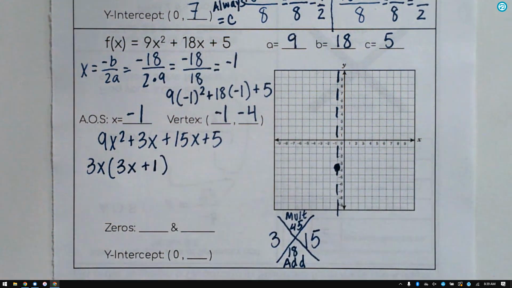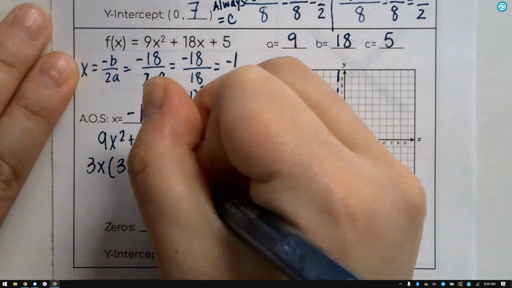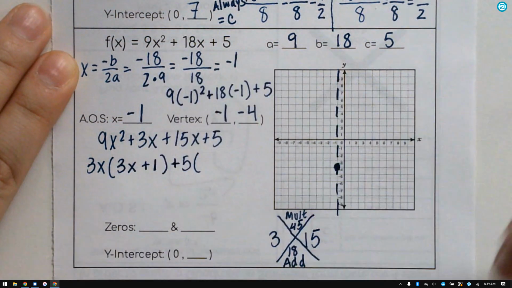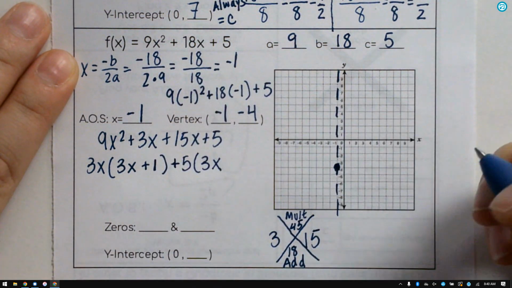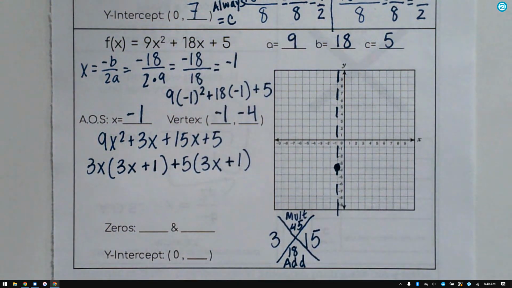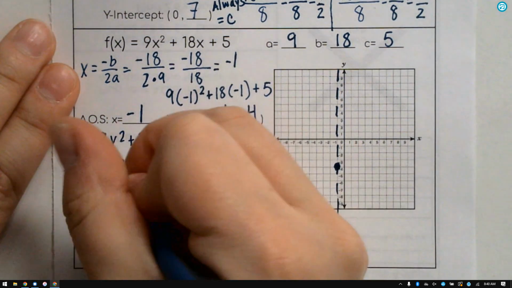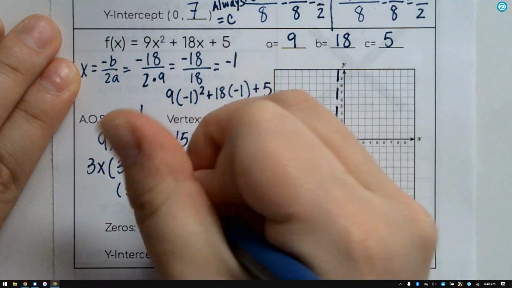You have to have that placeholder 1 there. Then out of 15x and 5, I can divide a 5 out of both of those. 15x divided by 5 is 3x. 5 divided by 5 is 1. So then my factored form, this 3x plus 1 matches. So that's part of it. And the other part is this 3x plus 5.